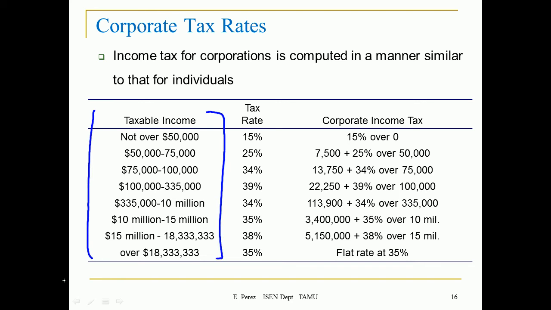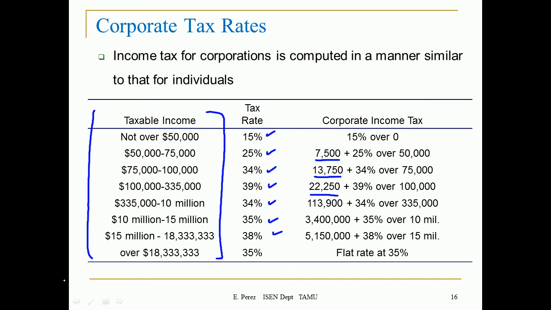Based on the income of the company, you have a tax rate or percentage. And you also have these windows in which we add a little bit more in terms of money depending on the income of the company.